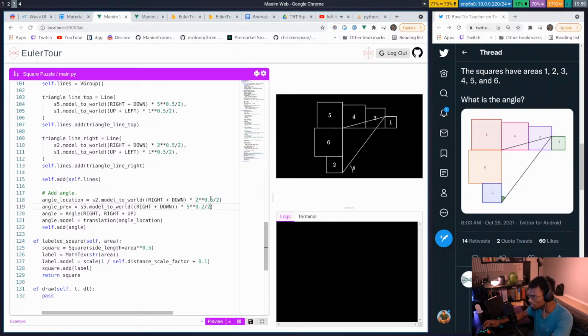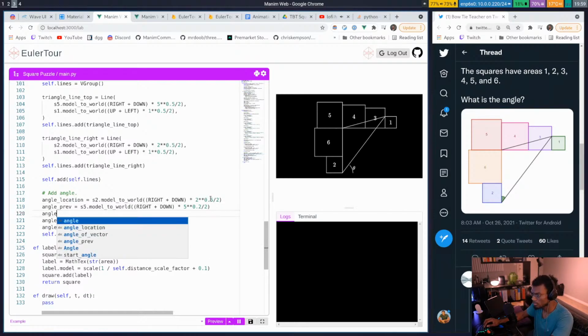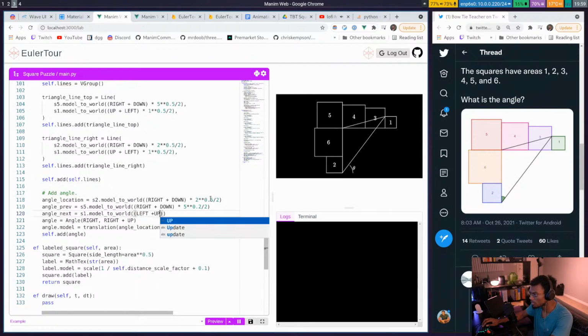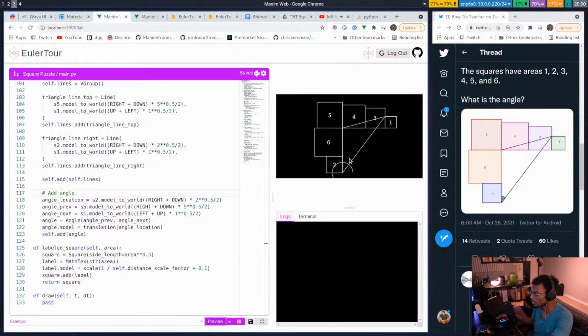No, wait. I think that's right. I want S1 model to world, right plus up, or left plus up, times 1, and I want the square root of that, divided by 2. Let me see if I can do angle prev, angle next. So close.